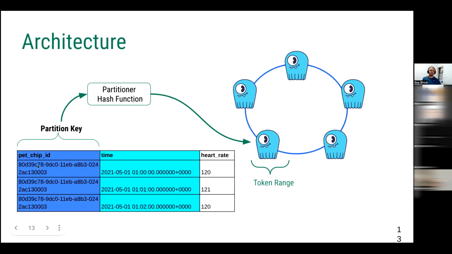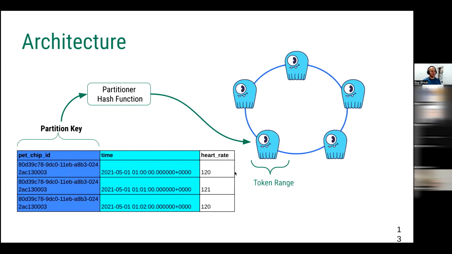And say we want to write a row, say the first row, what the database does under the hood is it performs a consistent hash function on the partition key. And according to the hash, it knows which replica nodes are responsible for that given row. Okay, so this happens very fast, just running the hash function, and it immediately knows which node is responsible for that specific piece of data.